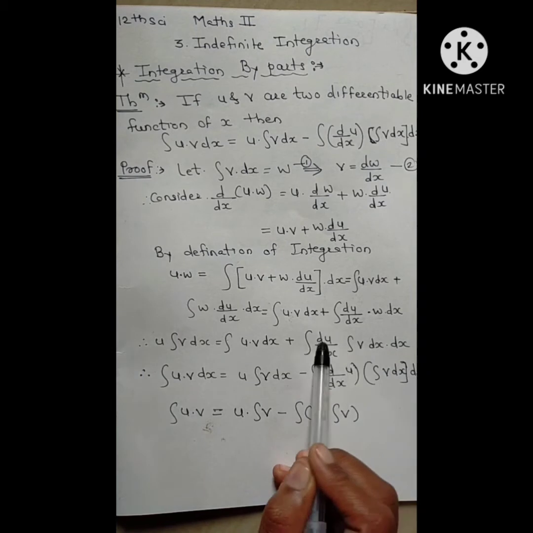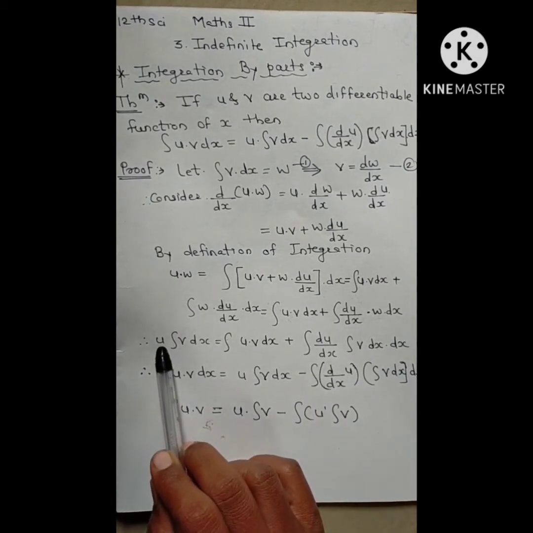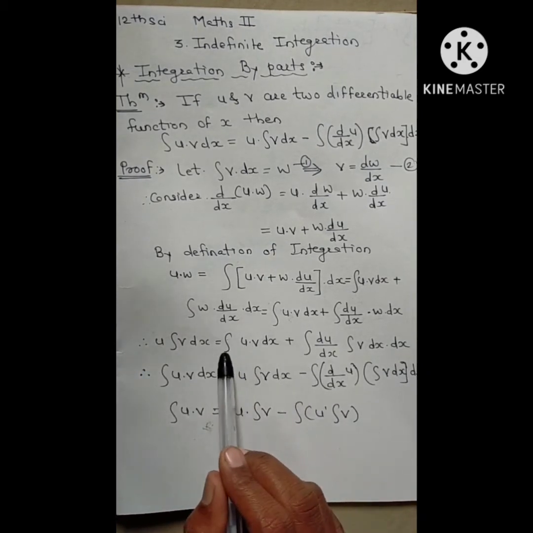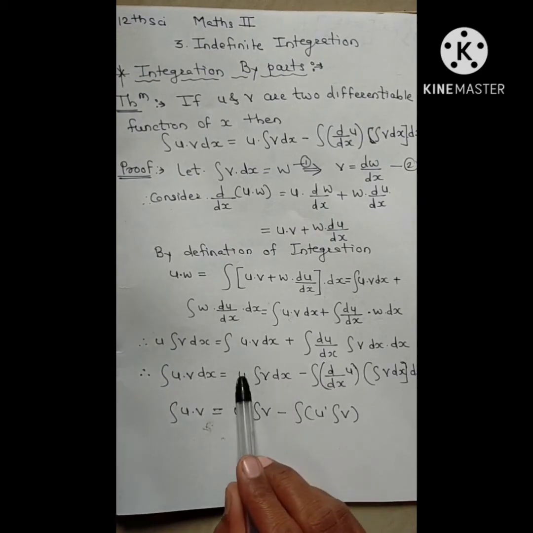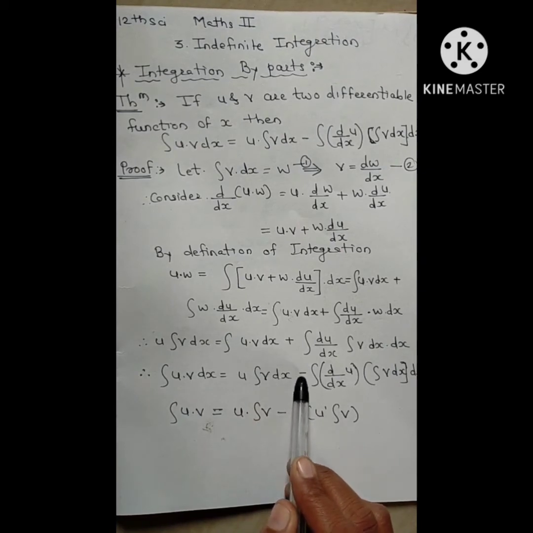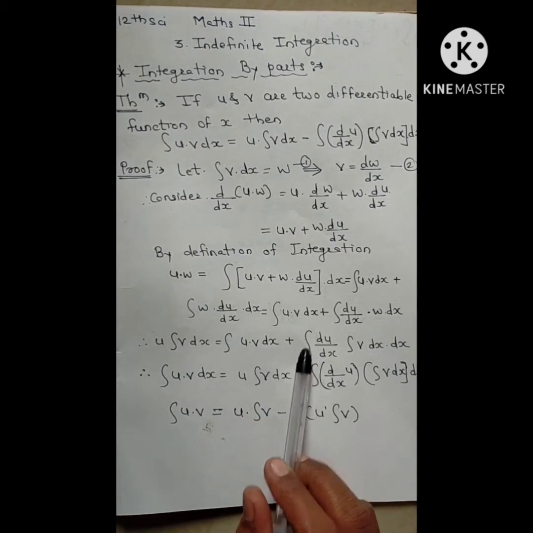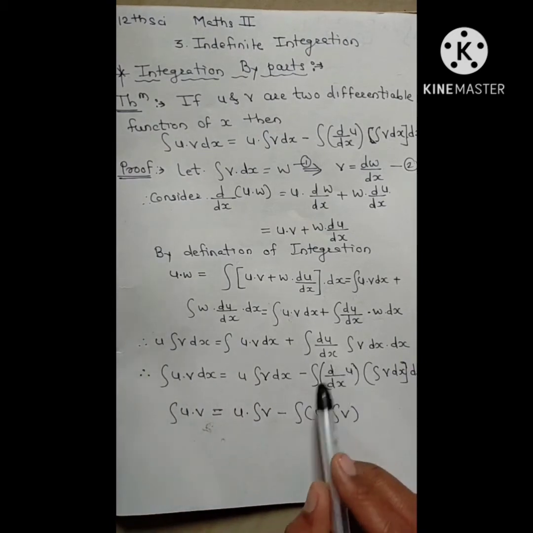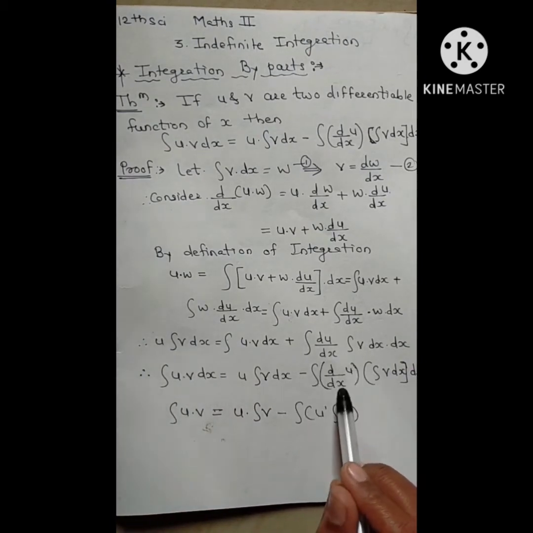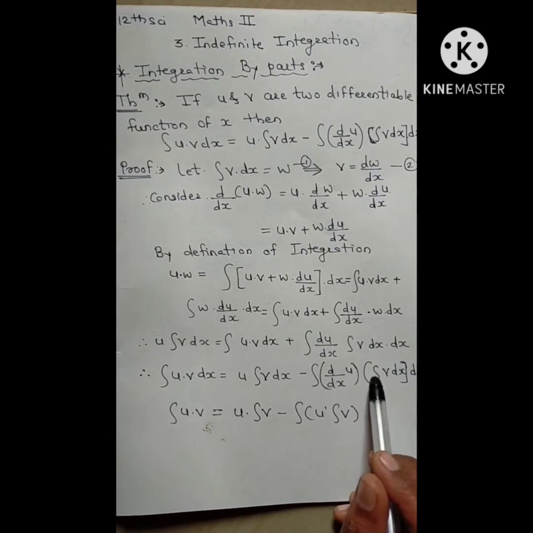Taking this value to the other side, we get integration u into v dx, which is equal to u as it is integration of v dx minus, this is a plus term, after taking it to the next side plus becomes minus, integration du by dx into integration of v dx into dx.